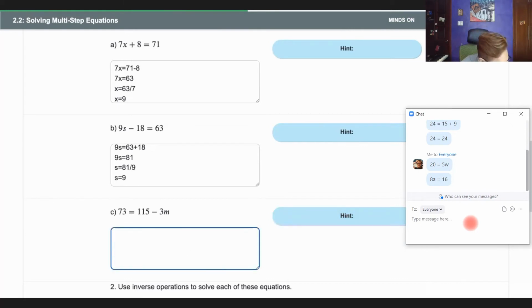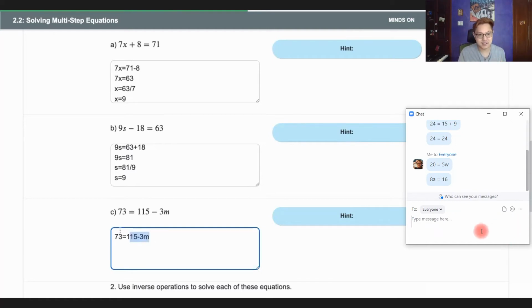So it's 23 equal 3m, 65 minus 73 equal 3m. Oh, you just move signs. Oh, move side? No, I mean, okay, so let's do it.